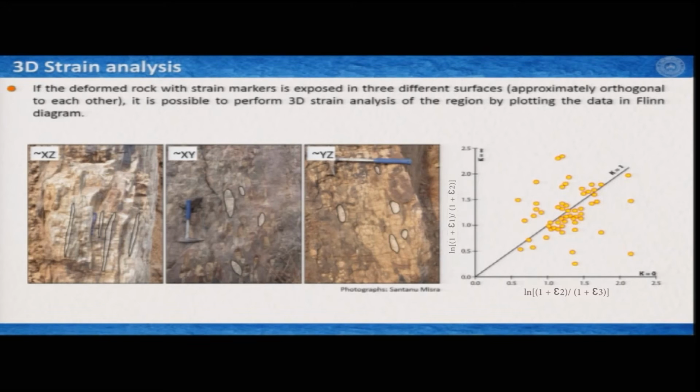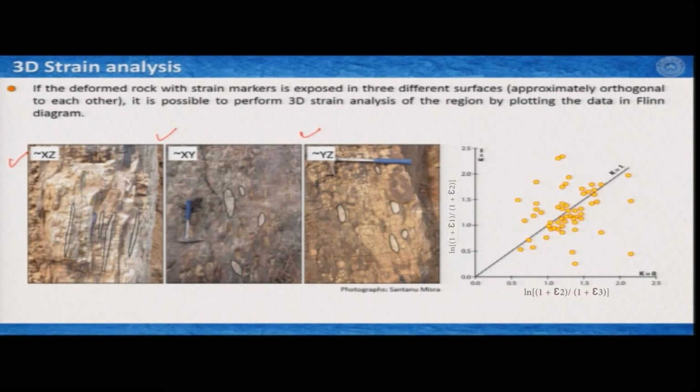Because we have foliations, it is possible to identify the 3 different principal axes of strain and their orientations. So, I have 3 photographs here taken along the xz, xy, and yz sections. As you can see, maybe not very clear from these images, I highlighted some of these stretched or deformed conglomerates on each plane.